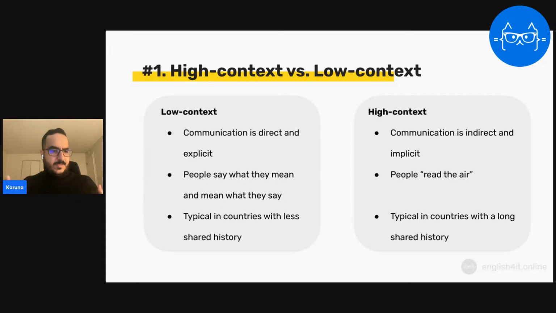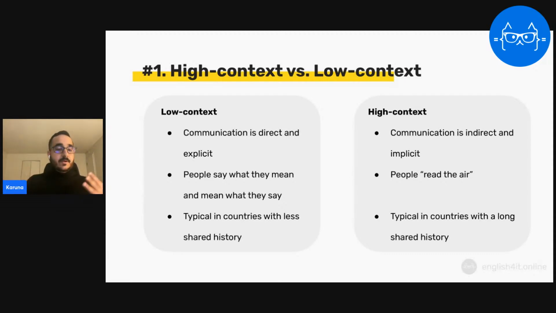And these are generalizations, but they are generalizations that are based in a little bit of reality, right? High context cultures tend to be ones where relationships are very important, right? And they tend to be more hierarchical, right? There is a hierarchy involved with communication. Communication can be very indirect and implicit, right? Where you don't really say what you mean explicitly, you sort of dance around the problem, right?